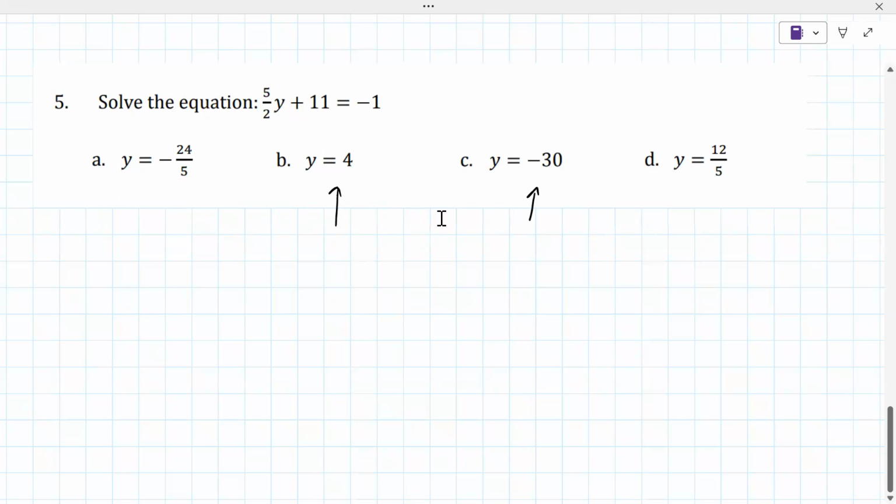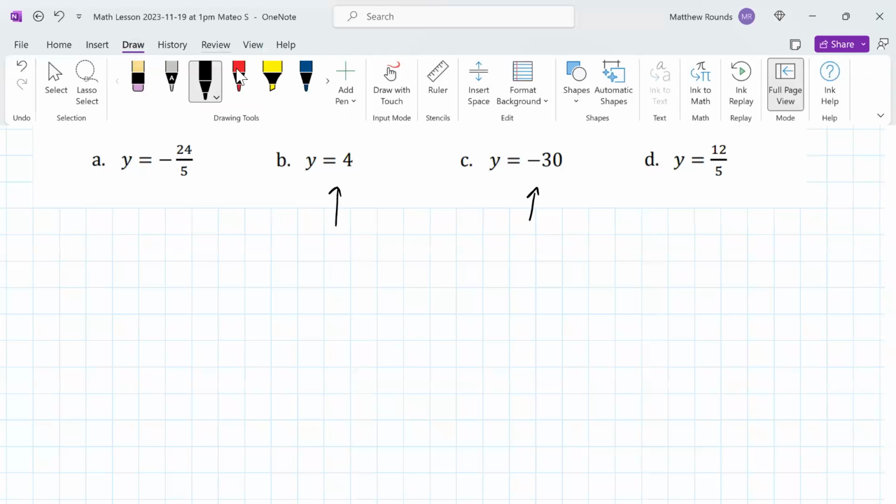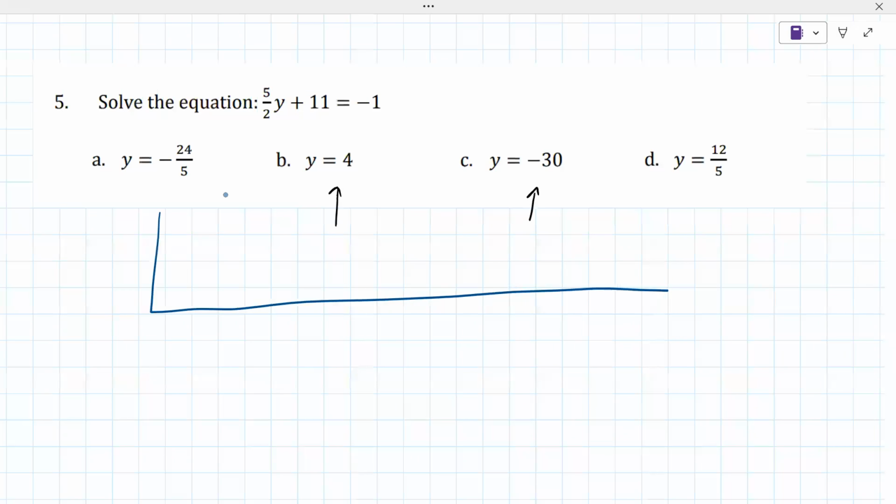Well, now that you've had a little time to work on this, the answer actually is either A or D. So the whole point of me giving you the problem is to show you that you could try the numbers sometimes and they don't actually help. These are not correct. And A is actually the answer here.